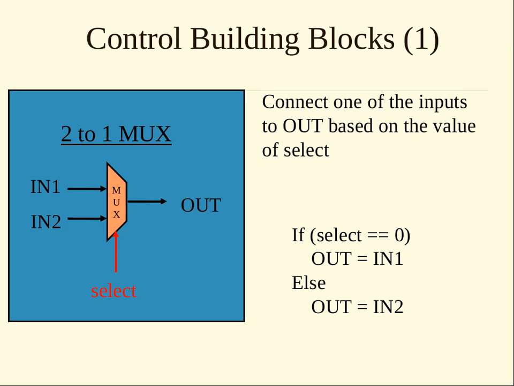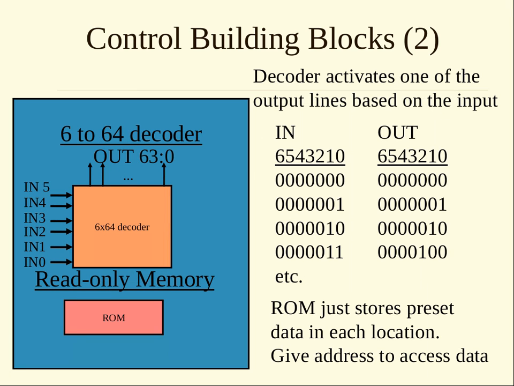Out would be 1. But if my select was 1, my out would be 0. That's a 2-to-1 mux.